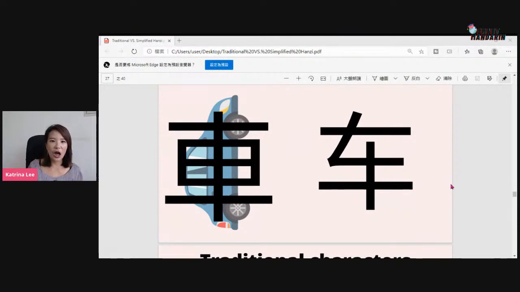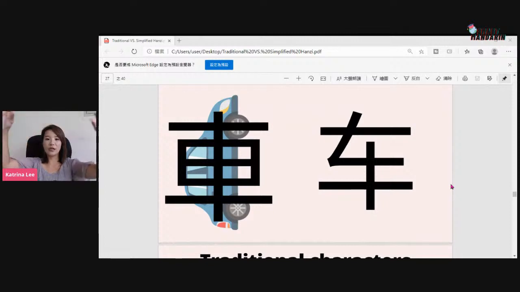Okay, 车, this is car, 车, the character. The left one is the shape of a car. Well, actually, the original origin, because I couldn't find the image for the design, thousands of years ago, they didn't have the real machine car, they had carriages. So this traditional Hanzi 车 actually came from the carriage.